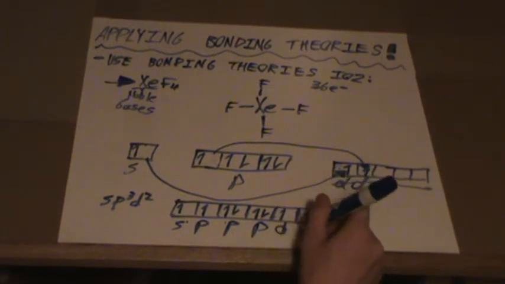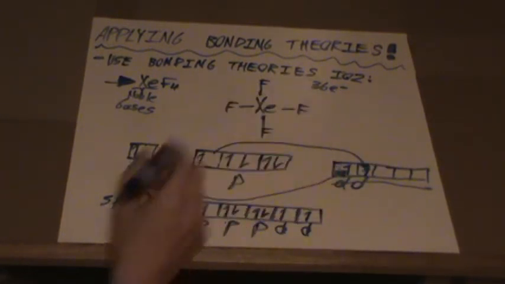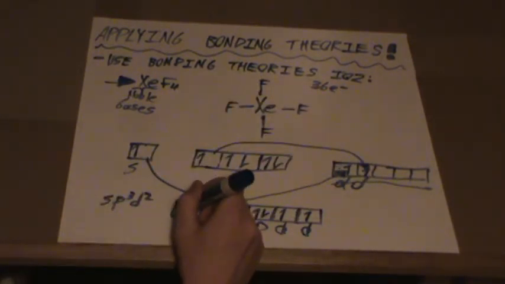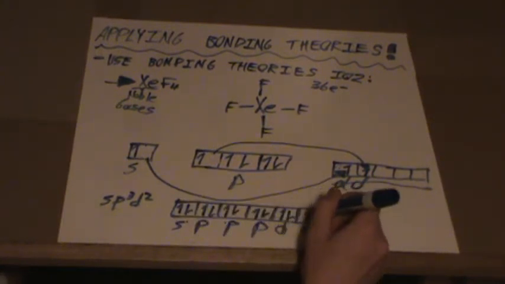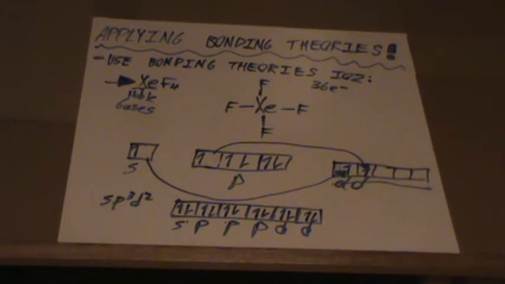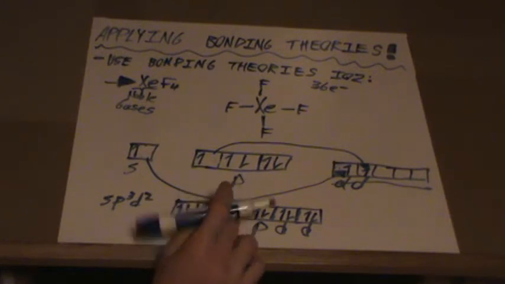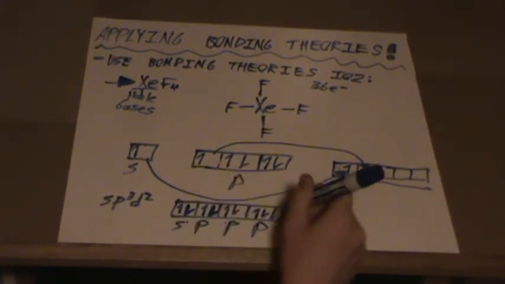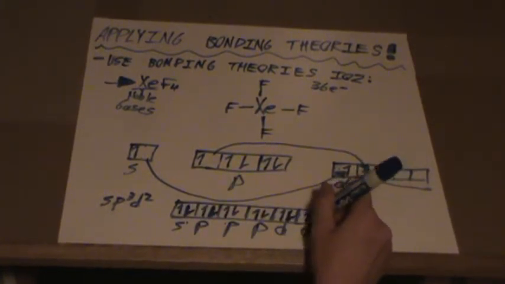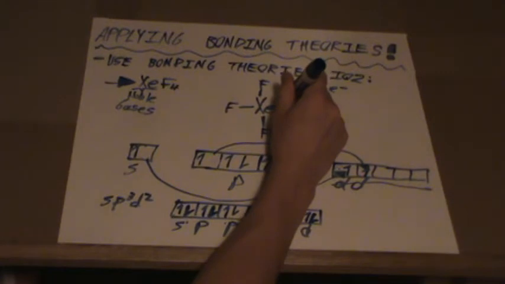And this actually works perfectly with this picture, because these four can bond with a fluorine and use sigma bonds. Okay. And so then this will fill, because these are the fluorine electrons. And then finally, this represents these bonds.